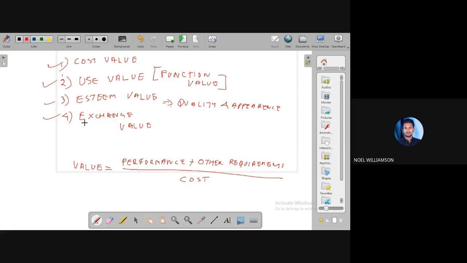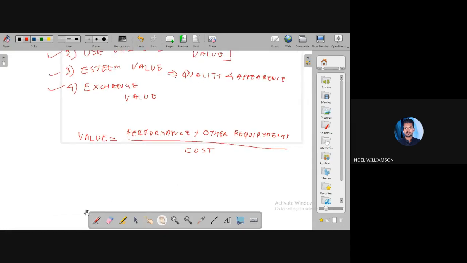Okay. Now we will see what is the value analysis. Value engineering is in. So next is the value analysis. So what is the value analysis? Mainly analyzing how the value is there, or analysis of a value.